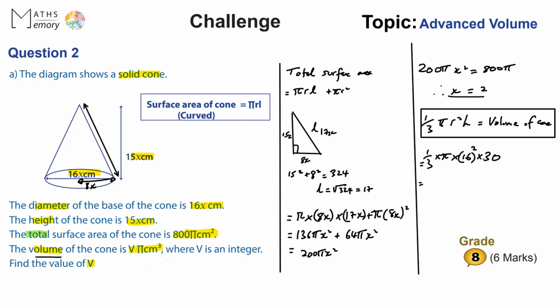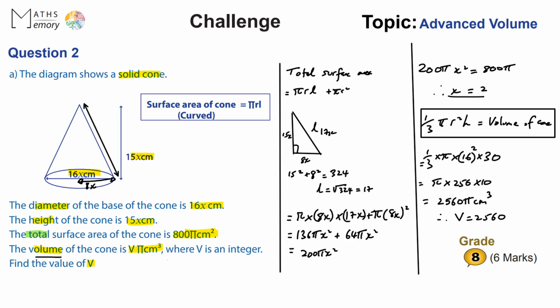A third times 30 would give you 10. This is non-calculator, so we're trying to take any shortcuts we can. So it'll be pi times 16 squared, which is 256, times 10. The way we got 10 was 30 divided by 3. 256 times 10 is 2560 pi centimeters cubed. Therefore, V equals 2560.